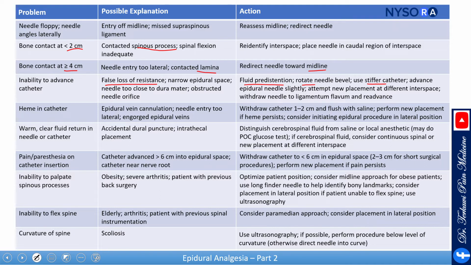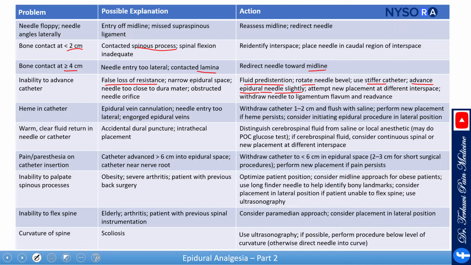That commonly happens because you get the loss of resistance with just the tip of the needle entering the epidural space, so you may need to advance about a millimeter. Otherwise, attempt needle placement at a different interspace if the above fails, or withdraw the needle to the ligamentum flavum and re-advance.